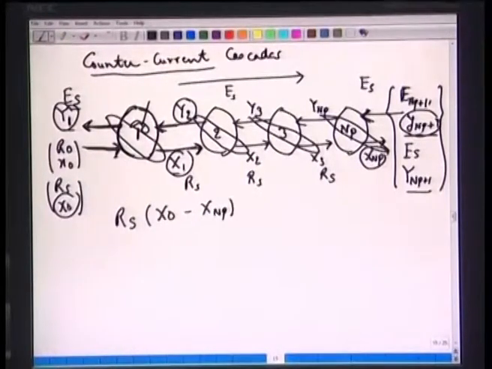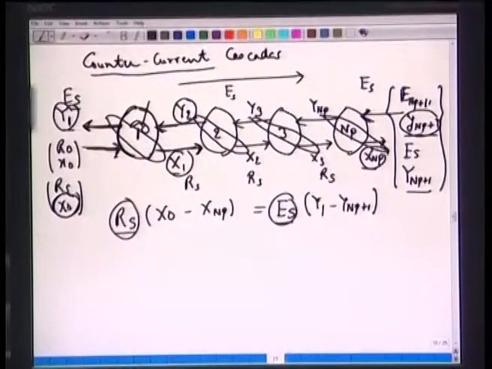So, we have brought down the concentration, mole fractions, from x0 to xNP, which is the same as the species balance Es (Y1, the leaving stream, minus YNP plus 1). So, Es and Rs, moles per second or kg per second, are the same. They will remain the same from stage 1 to stage NP, because it is solid free basis.